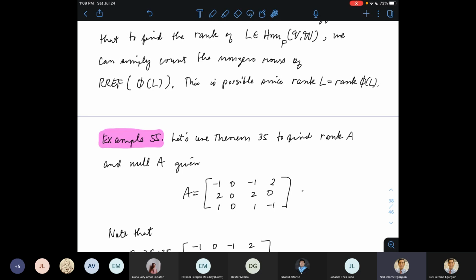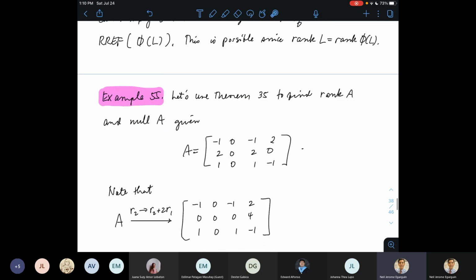Or parehas lang makukuha nating number of non-zero rows or non-zero columns. Though yung RCEF and RREF of a matrix might be different from each other, pero be guaranteed that the number of non-zero rows and non-zero columns for the RREF and the RCEF are respectively equal. Okay.